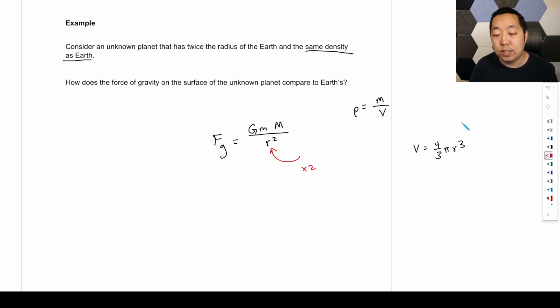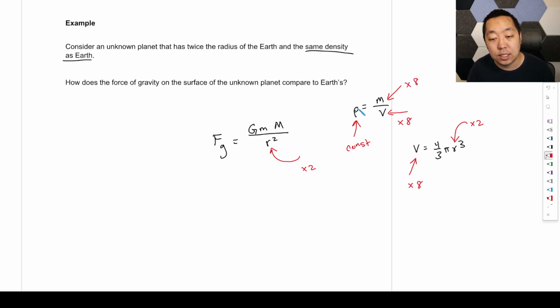So if I keep the same density, if I double the radius, then the volume is going to be times 8, times 2 cubed, right? So if the volume is times 8, and the density is constant, then in order to have the same density, because the volume is now 8 times bigger, the mass has to be 8 times bigger as well, right? Because the density is constant.